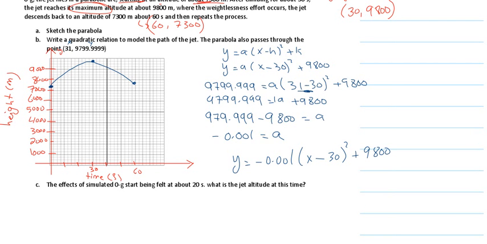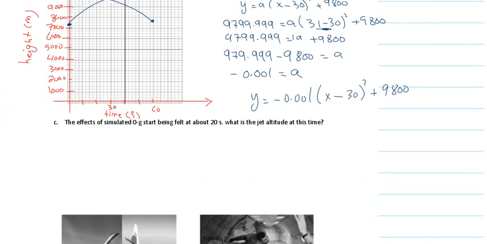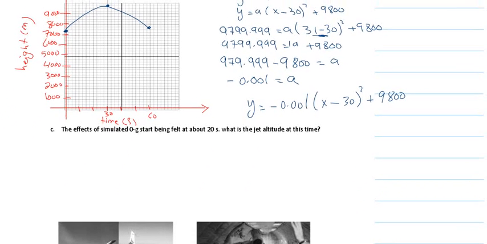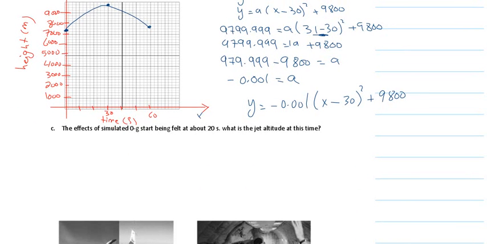To find the height, I have to plug in the time. Which letter represents time, x or y? x, because time is on the x-axis. So time represents x. I know that this is x, plug it in, solve for y.